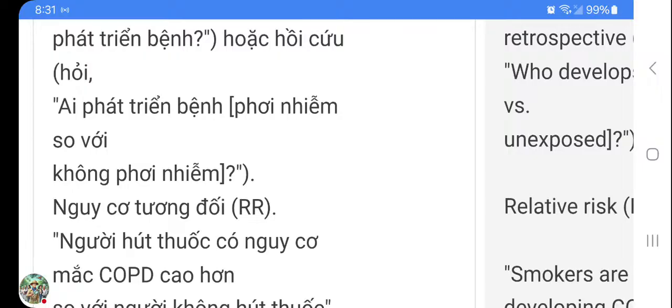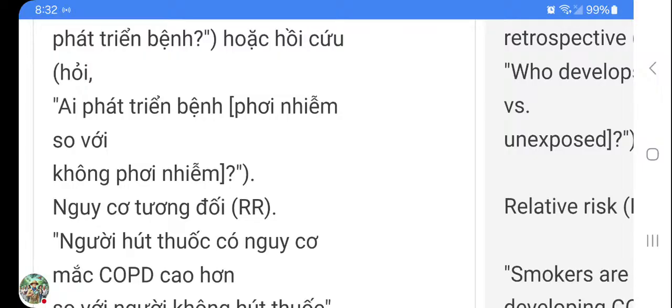The people who live there are exposed to risk factor A for many years.